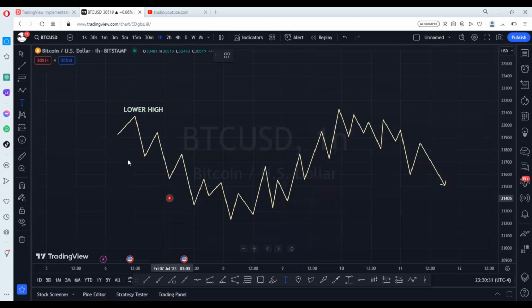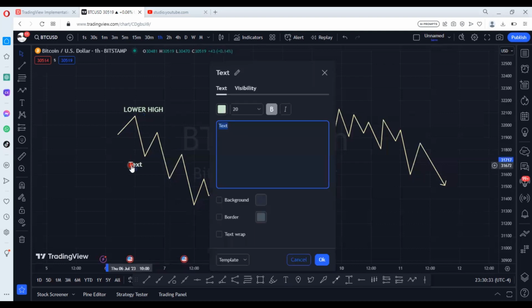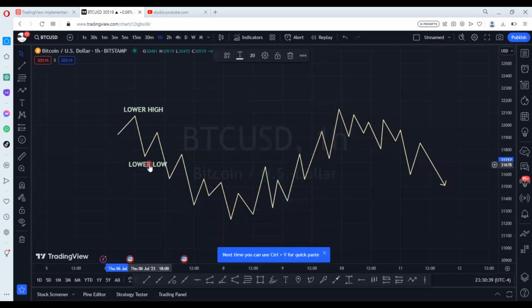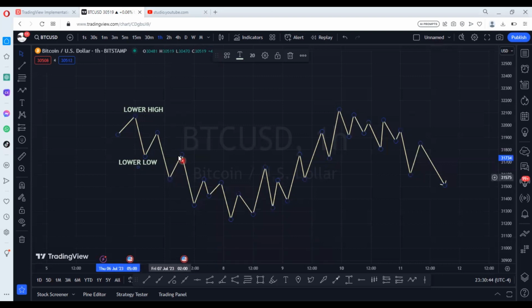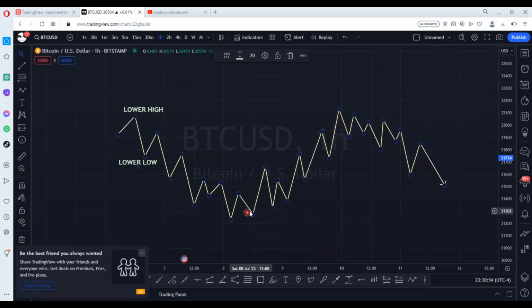And this is called a lower low. Lower high, lower low, lower high, lower low, until the market changes character or direction.